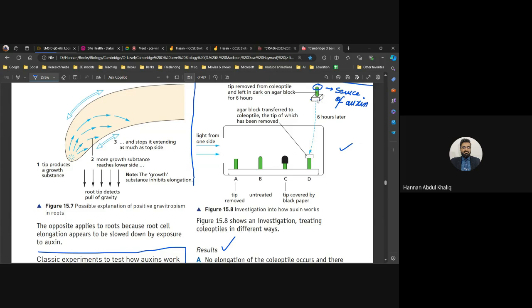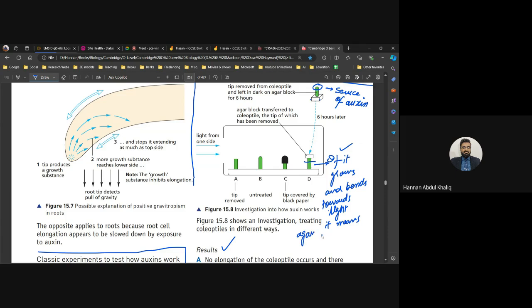Instead of the coleoptile, you place the agar block over D. Now, if it grows and bends towards light, it means the agar block had the auxin.